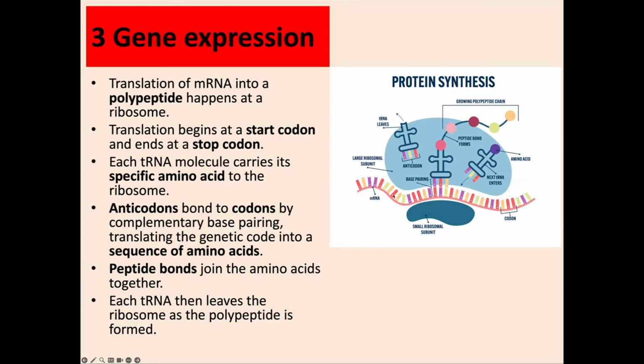Okay, and we can see codons here all the way along the mRNA. So by complementary base pairing, the right anticodon will bind to the complementary codon, and in turn, that brings the correct tRNA, which is carrying a specific amino acid, into the ribosome.